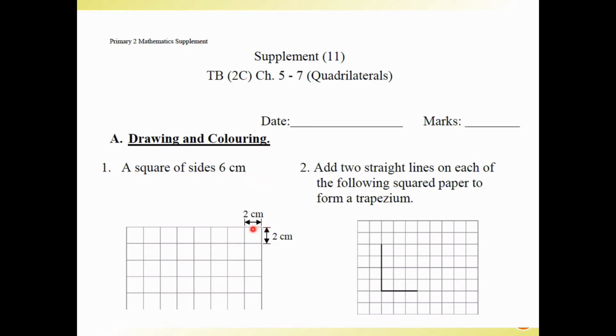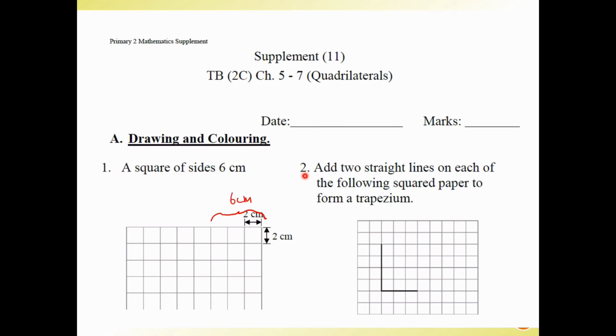So for this kind of squared paper, one square here, the sizes of the square would be 2 cm long. So you're asked to draw a square of sizes 6 cm. That means it would be 3 squares long for the sizes of a square.